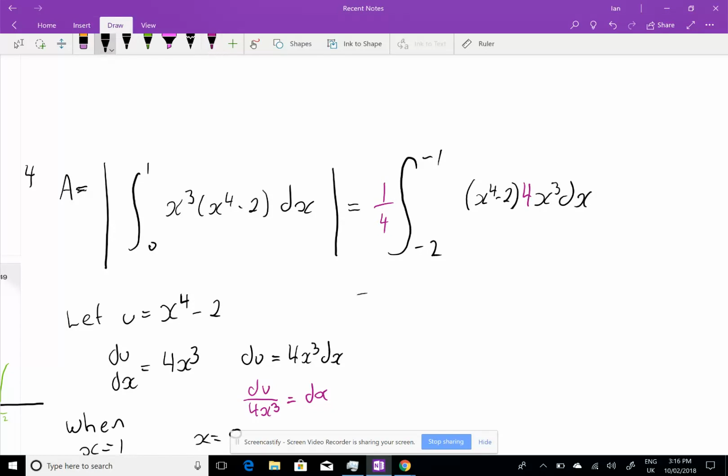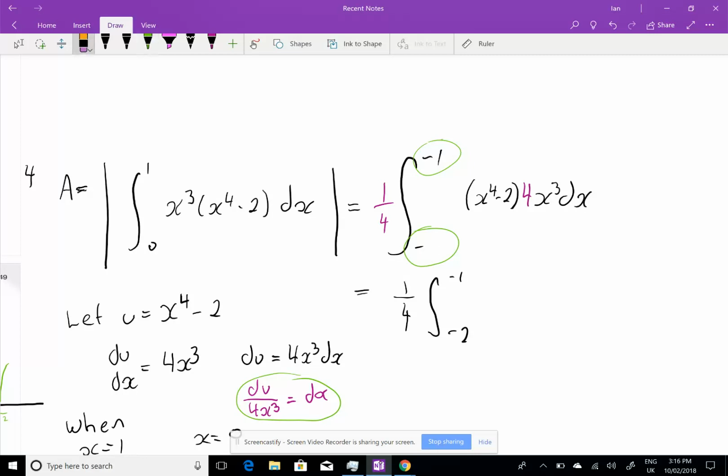I find that much easier, but if you want to just substitute this whole thing in, that's okay too. So now I've got a quarter between minus 1 and minus 2. That's strictly not correct because I changed the parameters without changing to u and du. So that line is a little bit incorrect.